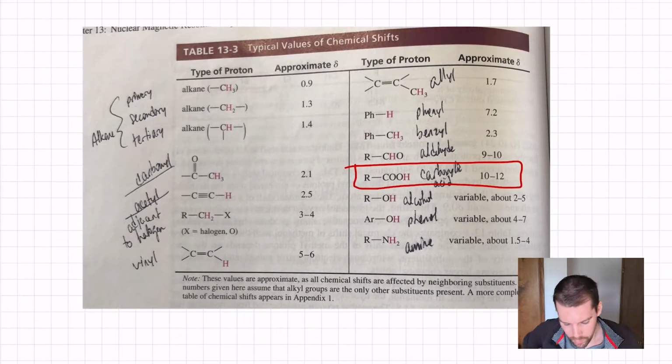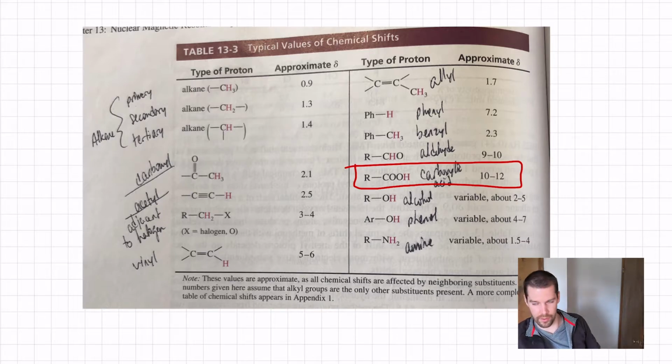Moving on here, we have just a table of values. Just like in your IR spectrum, you had a table that had alcohols 3,300, amines are like 33 to 35. Your CH bonds are like 3,000 or maybe 3,300 if it's an alkyne.